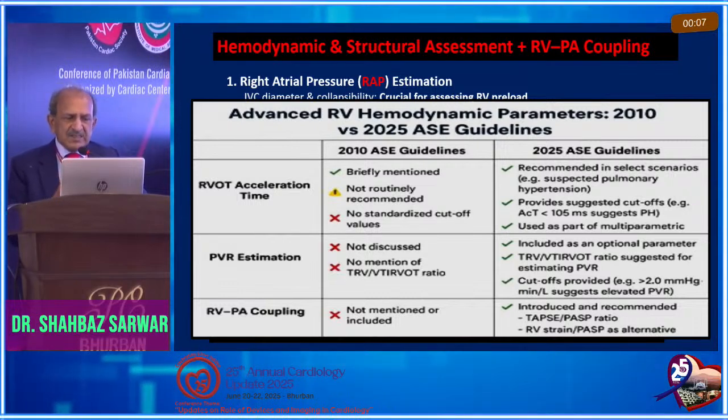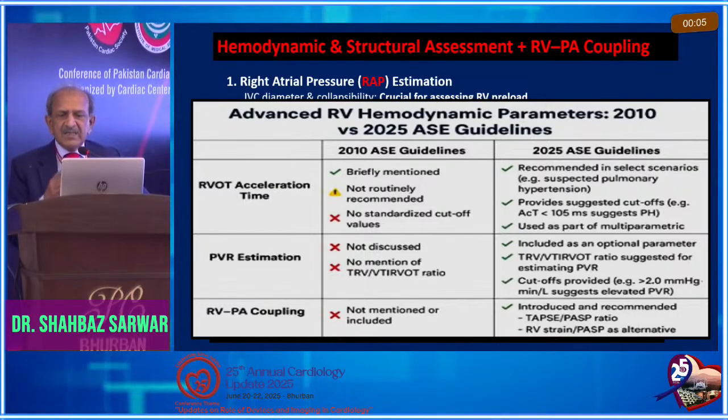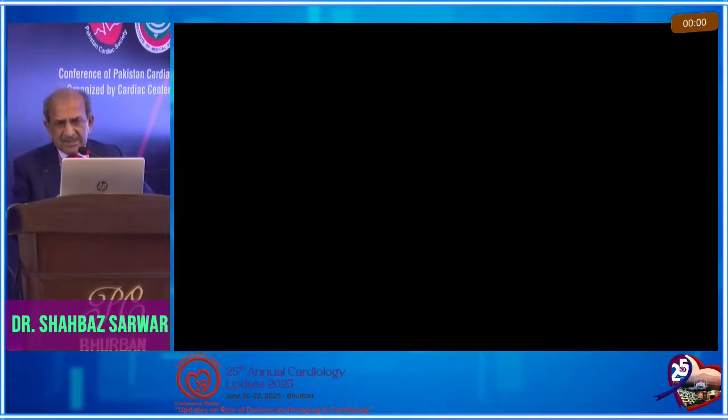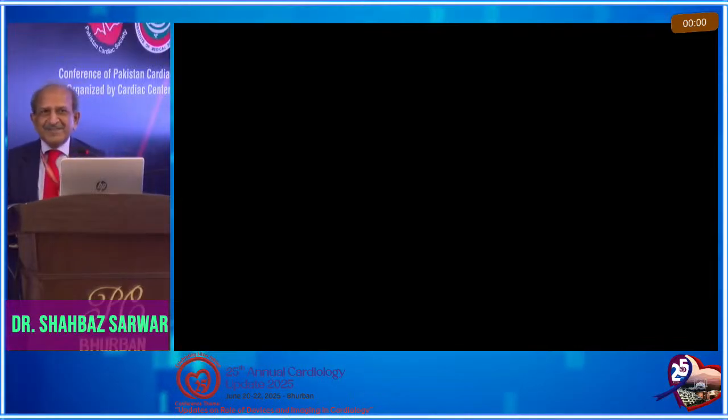Pulmonary vascular resistance, which was not done previously, is now recommended. And RVPA coupling, which was not mentioned or included in the previous guidelines, is very strongly recommended in the recent guidelines. I think I have finished in the allotted time.